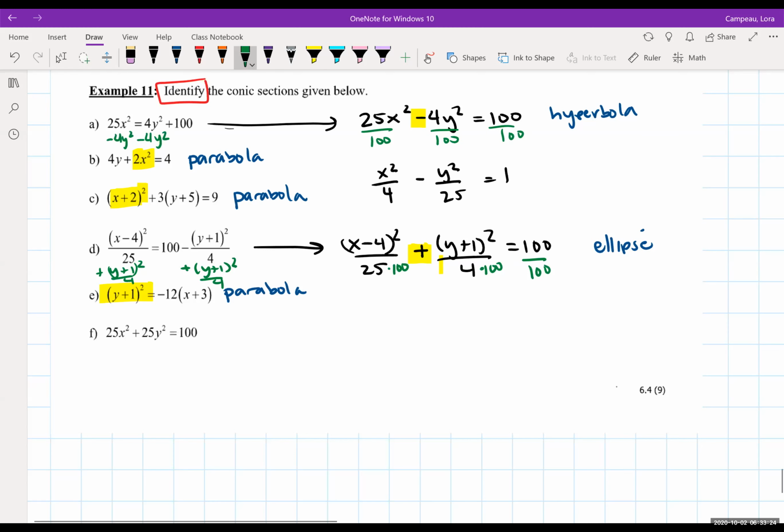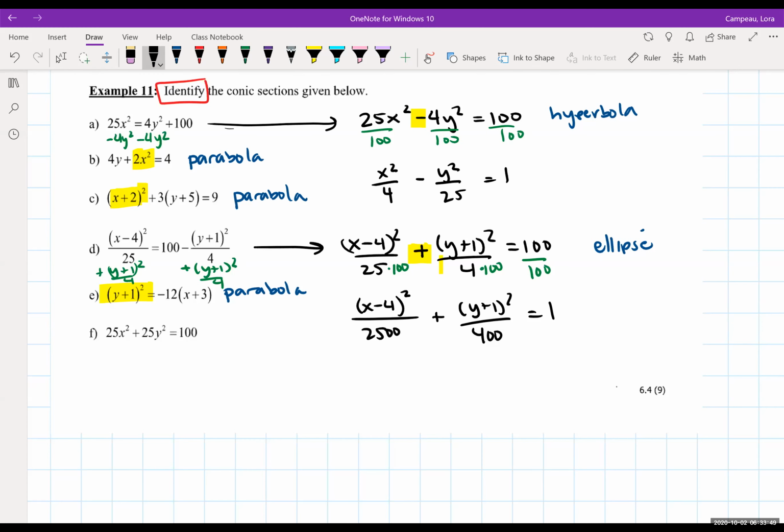And even though the denominators look a little scary, let me write that a little nicer for you. We have 2,500 in the denominator, y plus 1 squared over 400 equals 1.